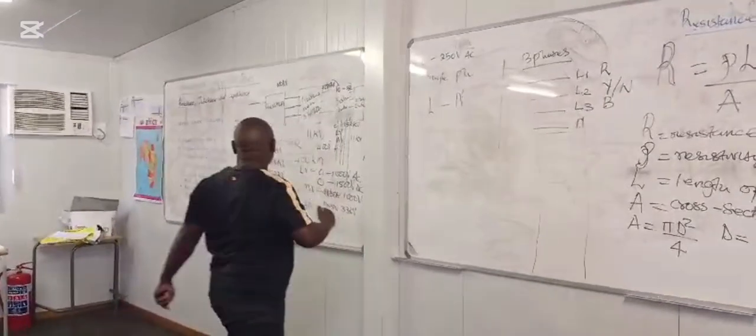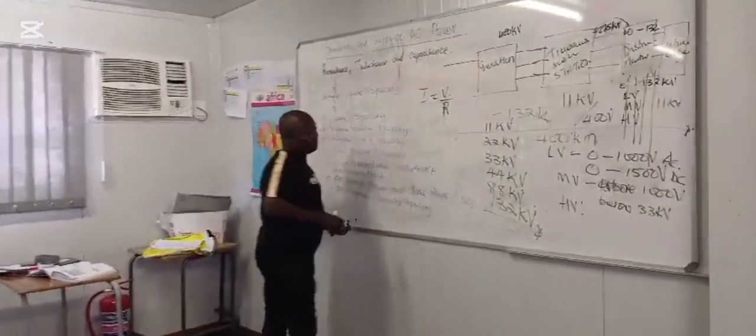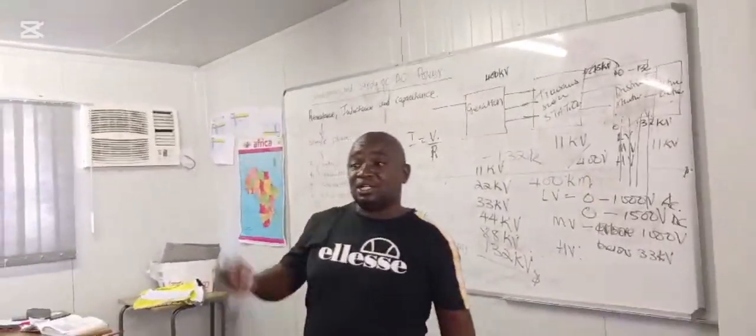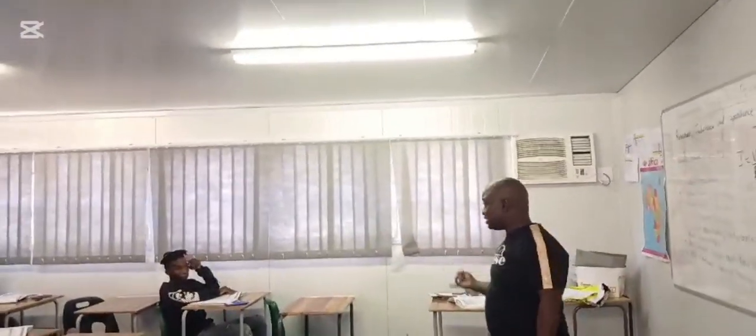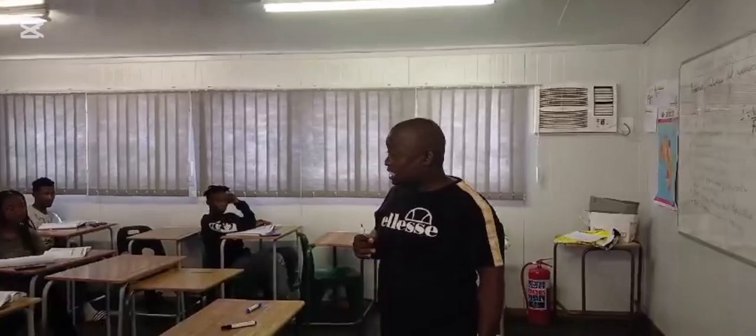Okay. Now for a single phase, we know that it has 2 conductors. What are those conductors for a single phase? Yes, the live and the neutral. That's for a single phase. Are we together?